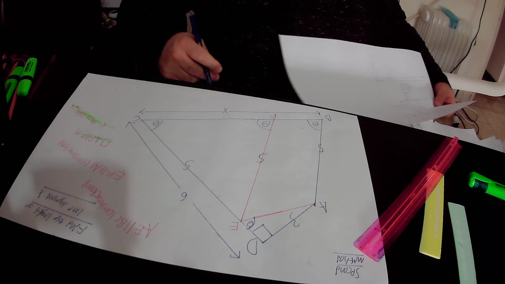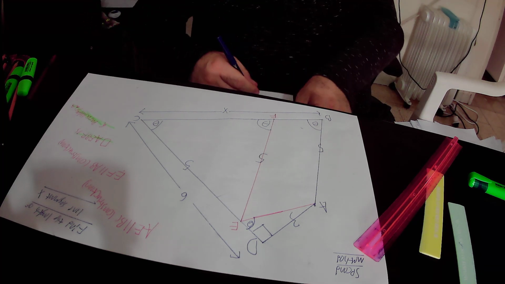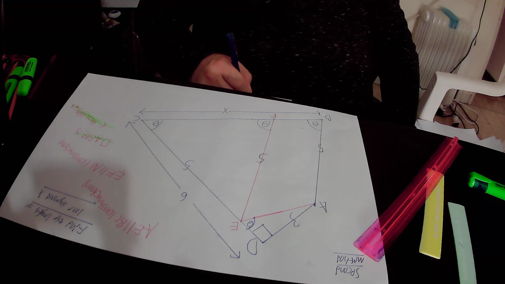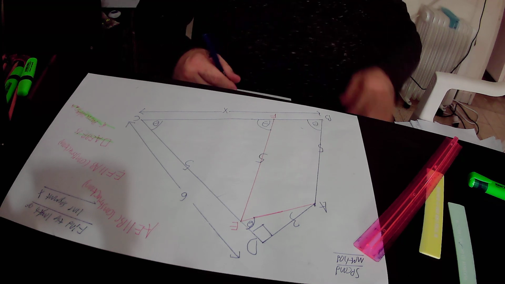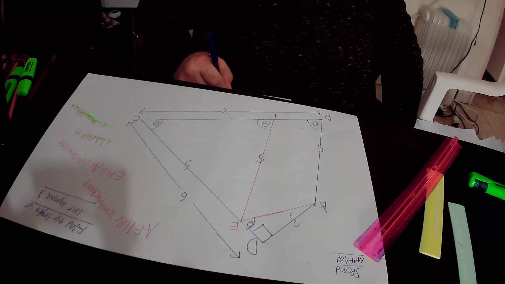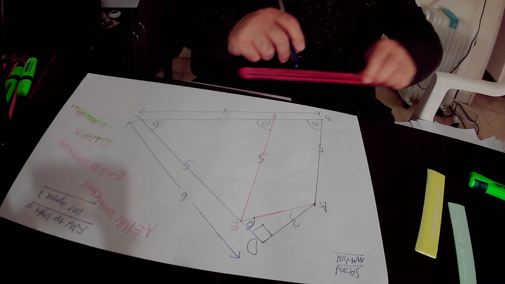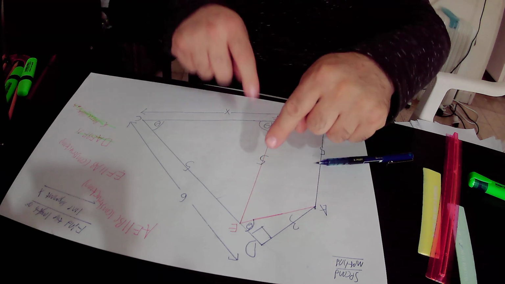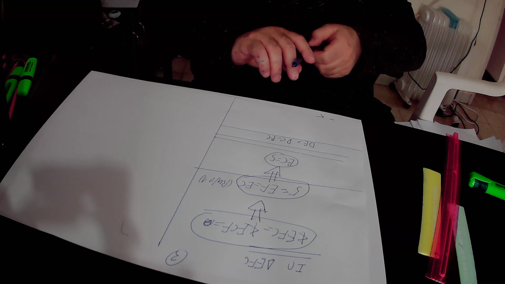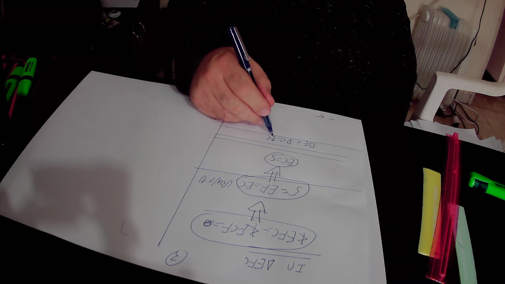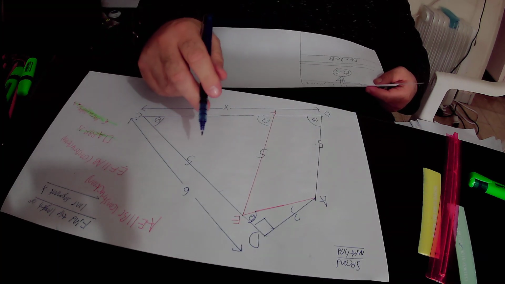And what is the length of the small line segment DE? From the drawing it is very easy to see that DE equals DC minus EC. I repeat again, DE equals DC minus EC. DC equals 6 units according to what is given in the question.